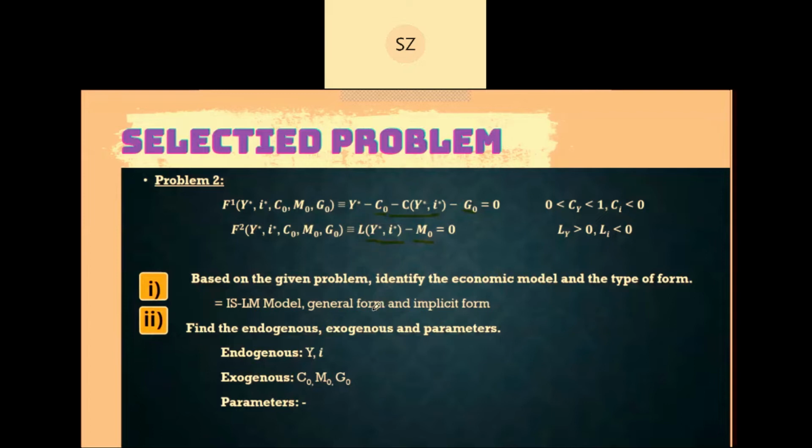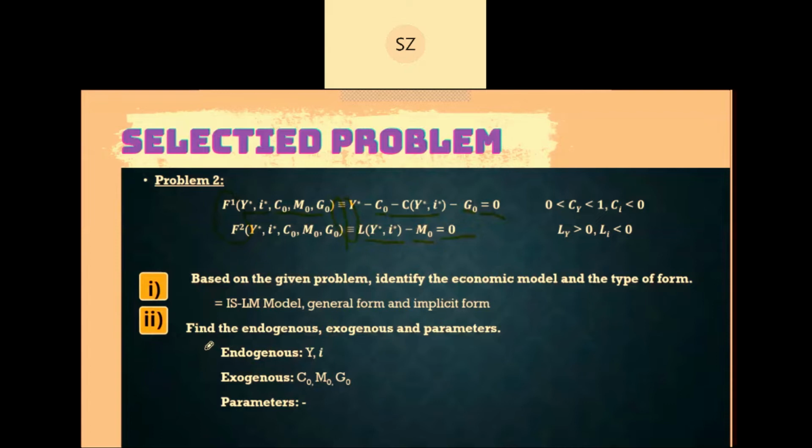We also choose the general form and implicit form because the written implicit form has F1 and F2 in front, with a bracket containing the endogenous and the exogenous variables. It also has the equality sign and equals 0.